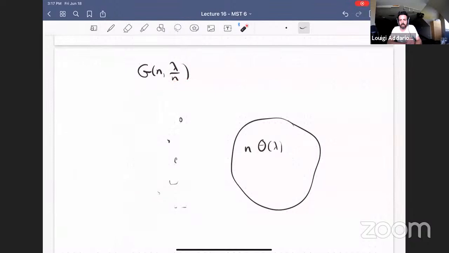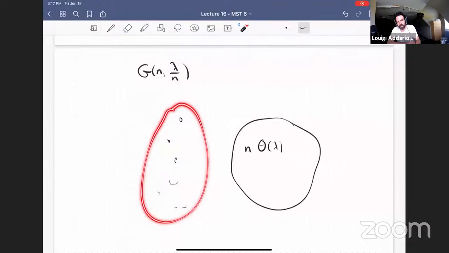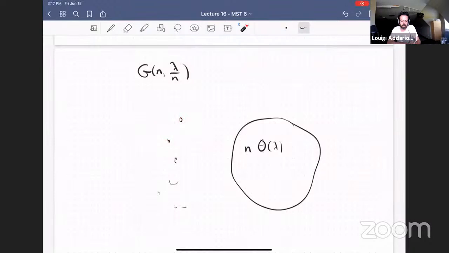Effectively, because everything aside from the big component is really small, the only way for both endpoints to land in the same component is for them both to land in the big component, or at least that's the overwhelmingly most likely way. So the probability that an edge that comes along around this time contributes to the minimum spanning tree is roughly 1 minus the probability both of its endpoints fall in the giant component, which is 1 minus theta(lambda) squared.